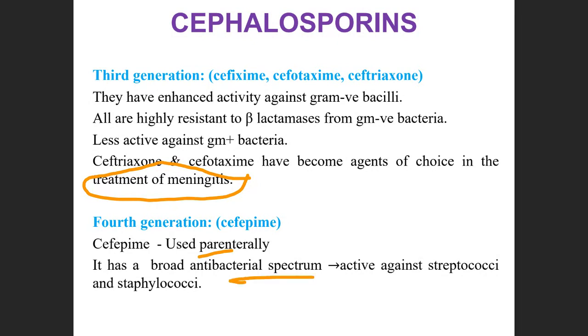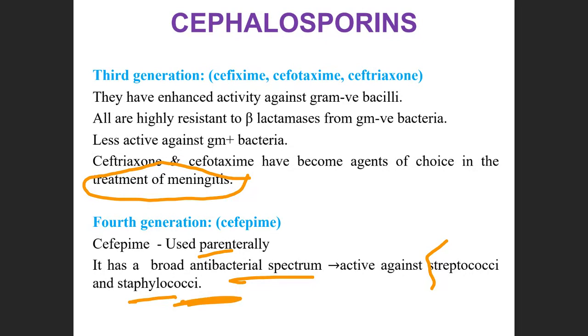It is a broad spectrum antibiotic, and it is used against staphylococcal type bacterial infections. This is given to inpatients, and it is available in the form of injection, not in oral dose.